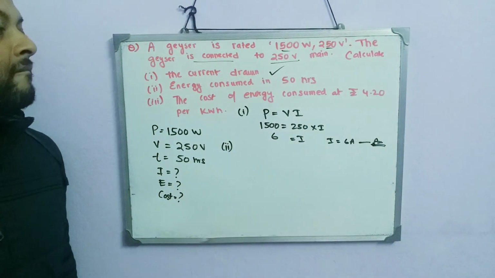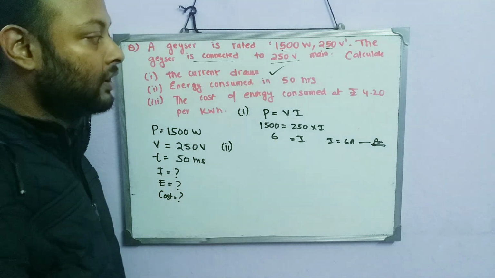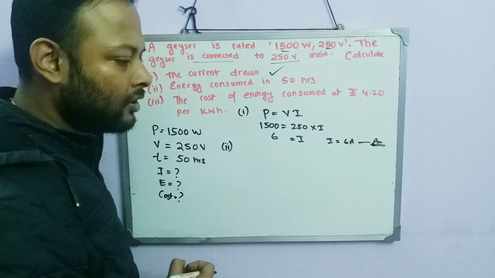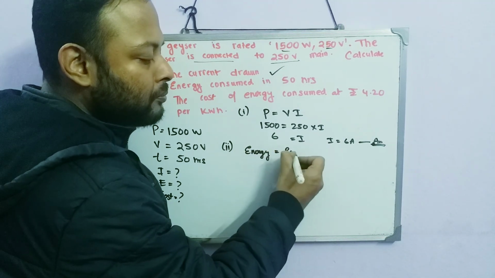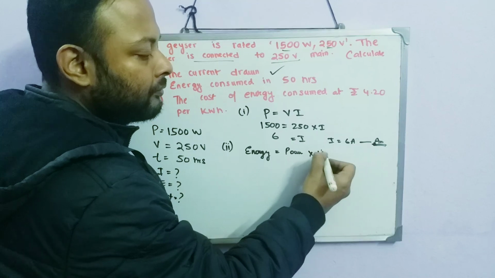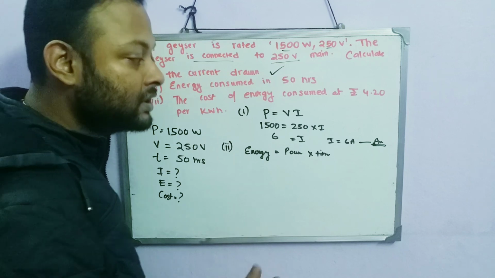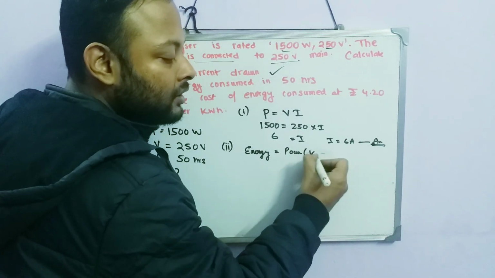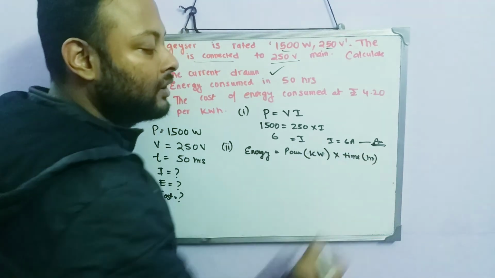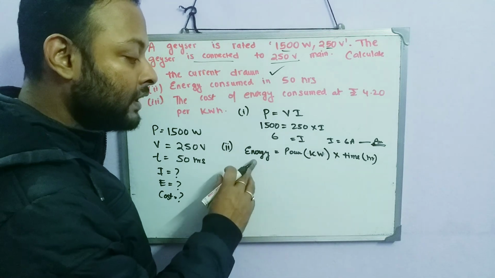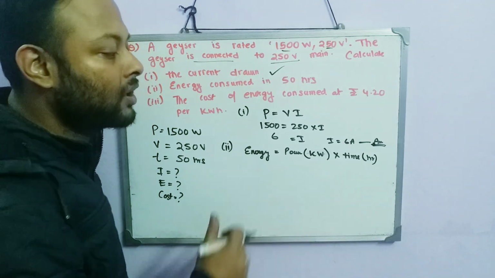So this is question part number 1. Part number 2. The energy consumed in 50 hours. Okay, the energy consumed in 50 hours. So we have learned one thing, that energy is equal to power into time. Right? But since we are doing it in commercial unit, this power will be in kilowatt and time should be in hour. Right? Because we are calculating the energy not in the SI unit, not in joules, but in commercial unit, that is kilowatt hour.